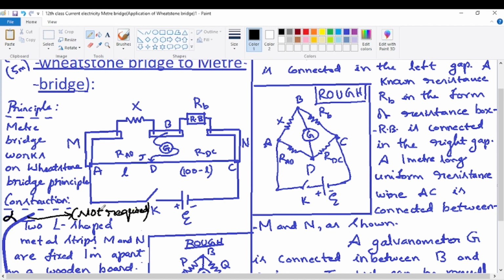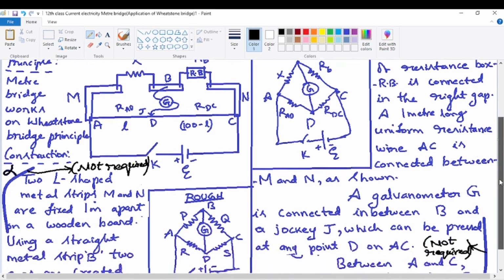Next, construction. Most of the construction you just see here, only understanding is required. Two L-shaped metal strips, M and N, the entire description is coming very long.